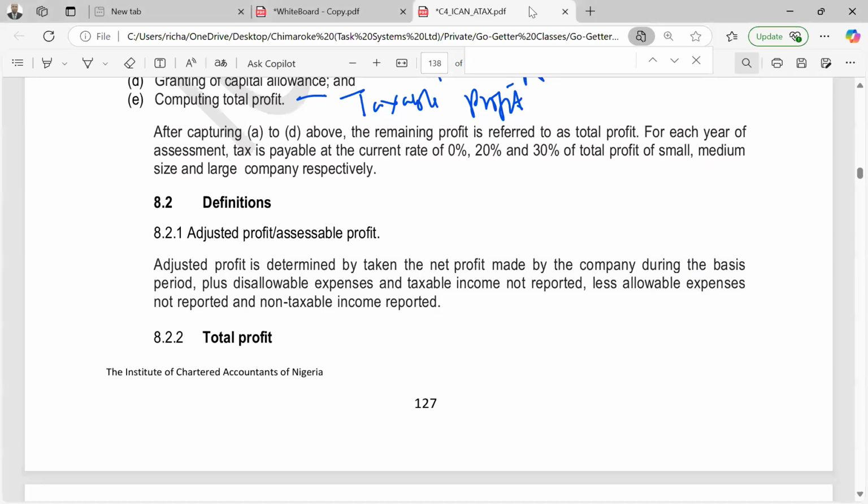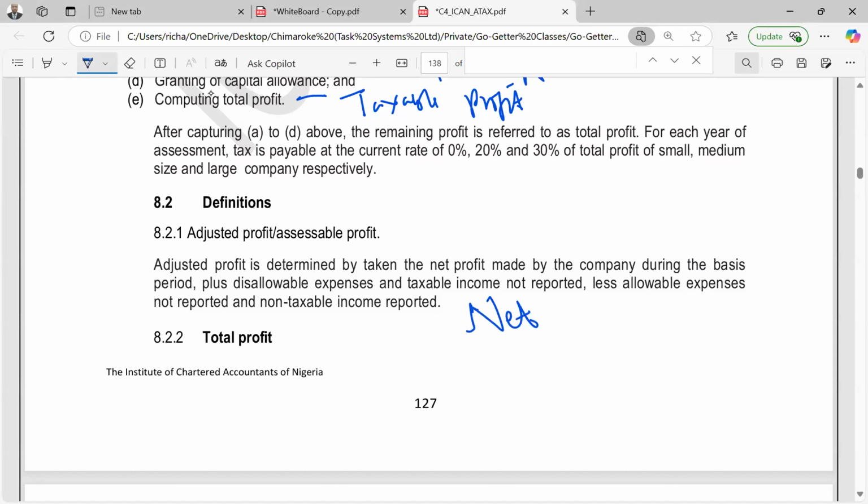So we shall be looking at it now that this is adjusted profit. Why is it called adjusted profit? It is because the financial net profit has been adjusted to adjusted profit.